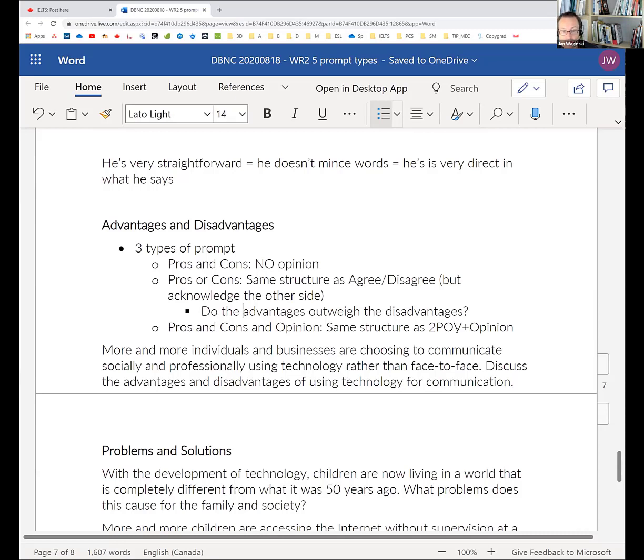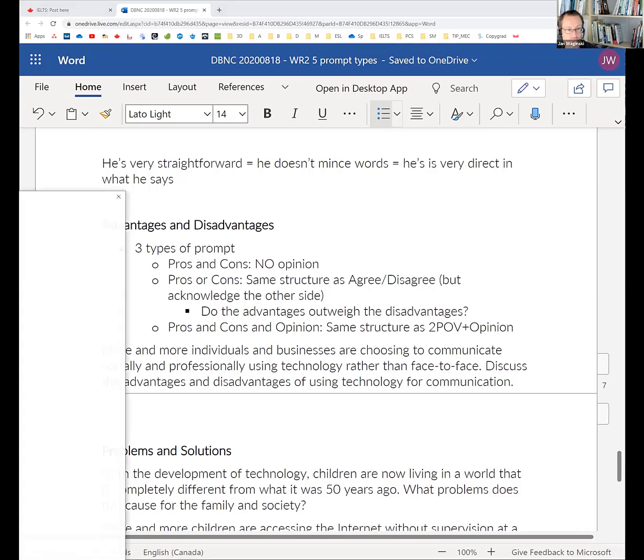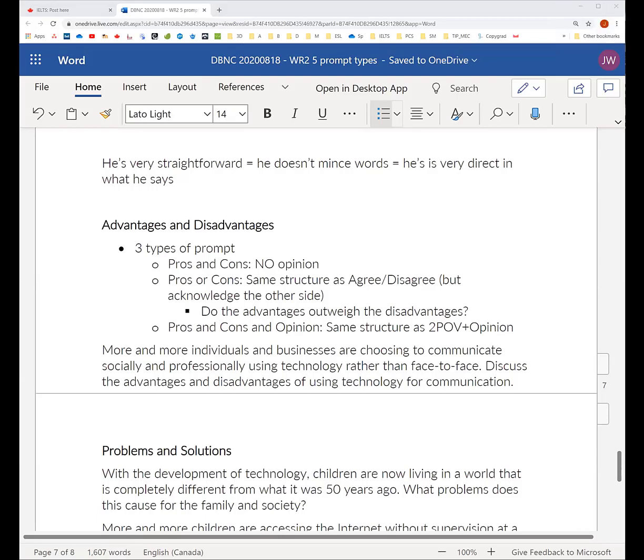On the other side, the disadvantages include blah, blah, blah, and I believe these outweigh the advantages. So for ours today, it's just descriptive. We're just talking about the advantages and disadvantages, without opinion. There's no opinion.